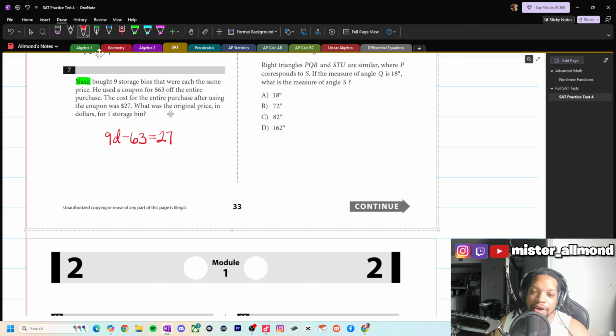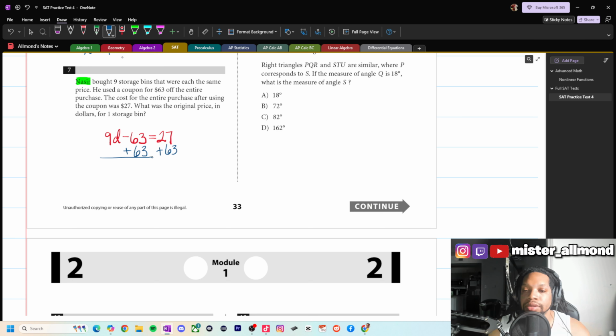So if I solve for D, that'll be the number of dollars for 1 bin. So I'm going to do exactly that. Is it 10? I don't know. It might be. That looks like 90. 9 times 10 is 90. So I agree.